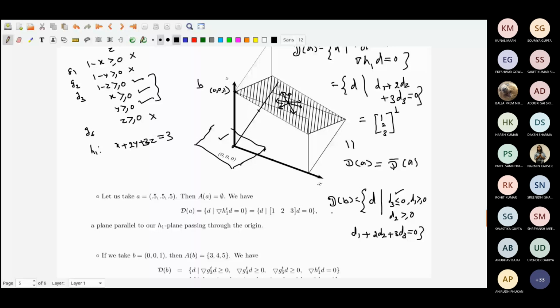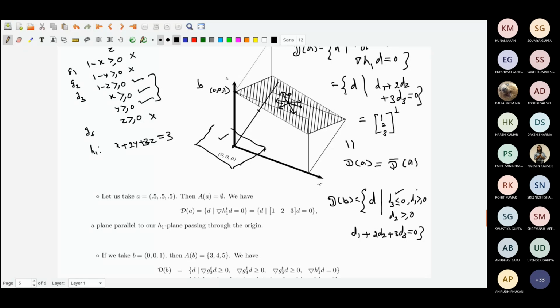Whatever direction you try to move from there, you are moving downwards. And of course, you can only move in a positive x direction or in a positive y direction. That is what these are signifying.